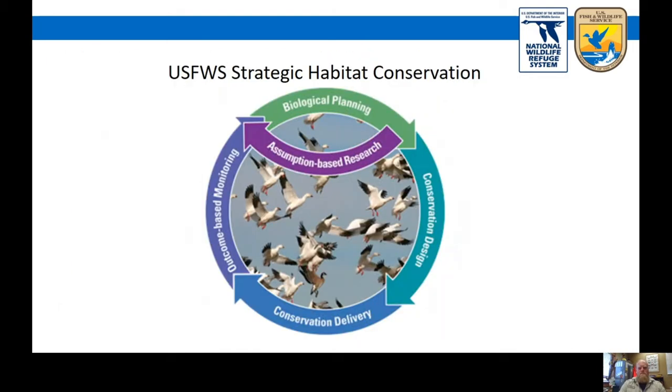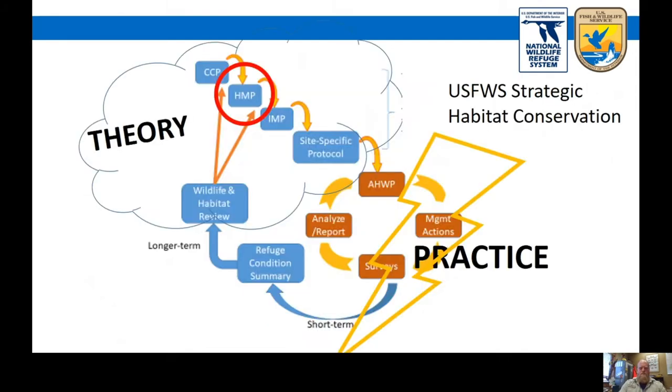And these purposes are outlined by a strategic habitat conservation feedback loop that outlines our path from theory through planning, management practice, and back through time to the planning stage. Now bear with me here.